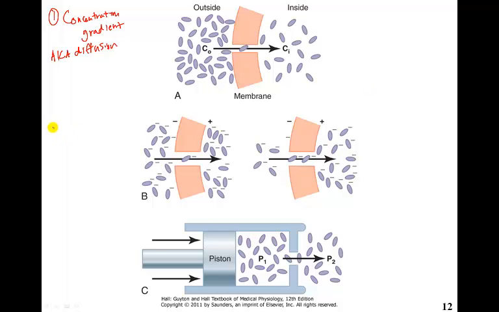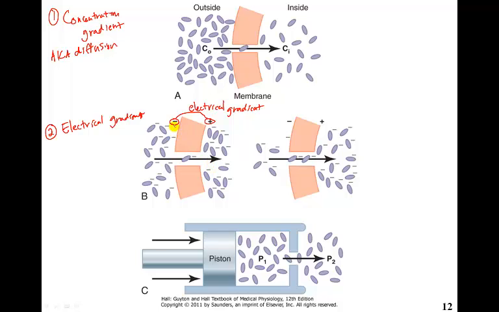The second force that drives passive transport is what we call the electrical gradient, or electrical potential. If there's a molecule that is charged, like these little molecules here that are all negatively charged, and there's a difference in the electrical state, the voltage, between one side of the cell and the other, then in this case this side is negative and this side is positive.